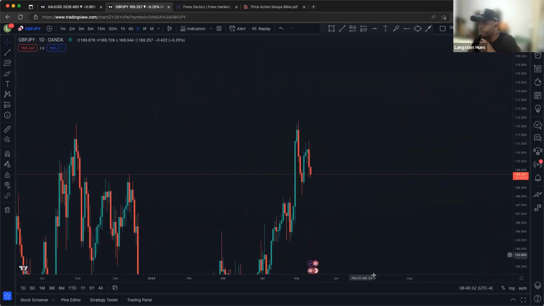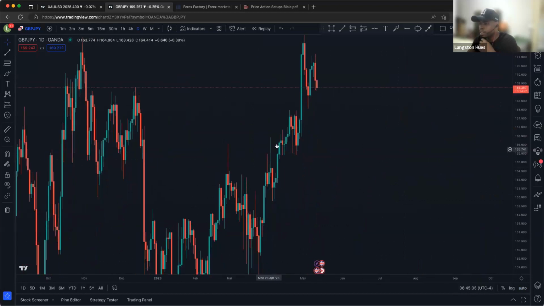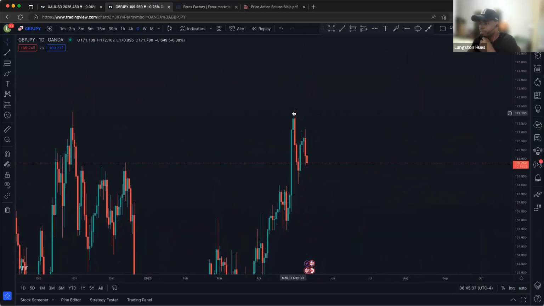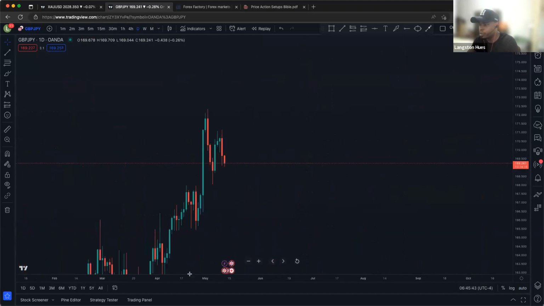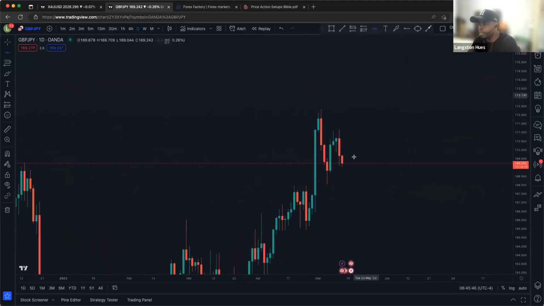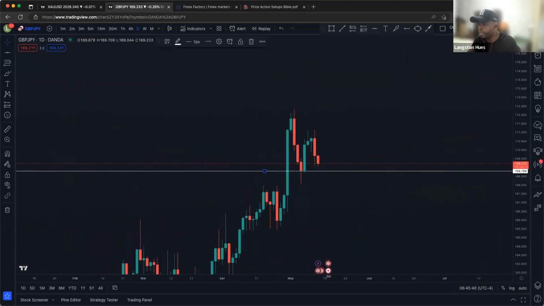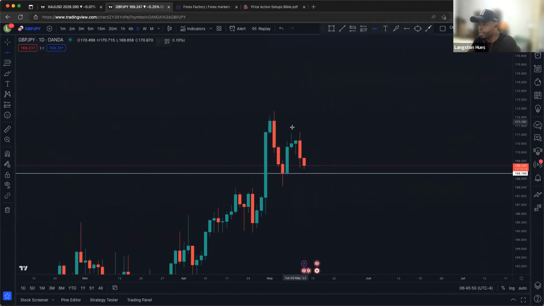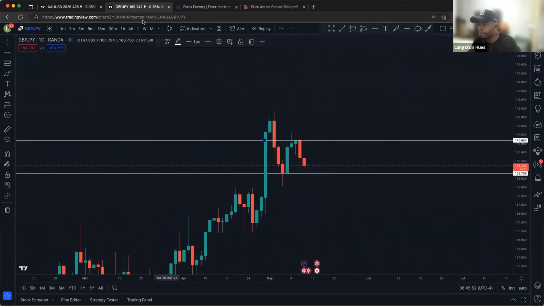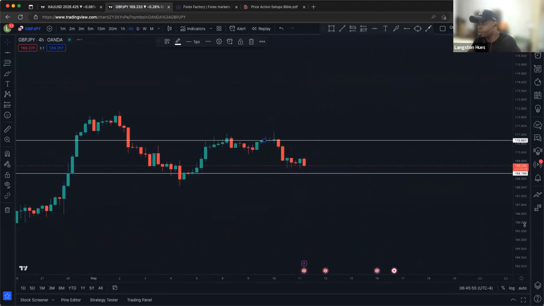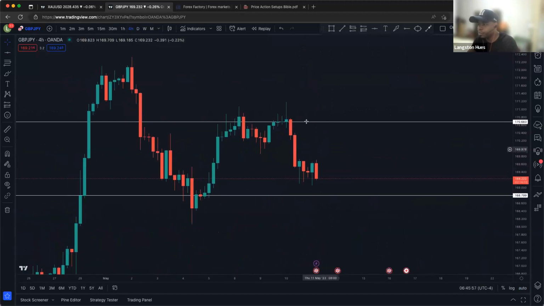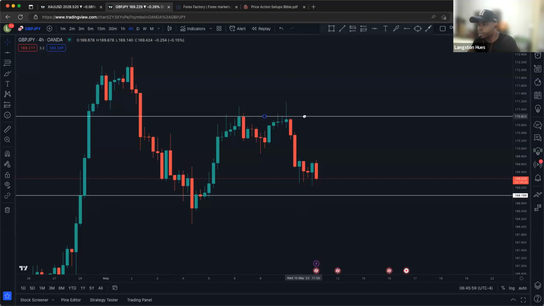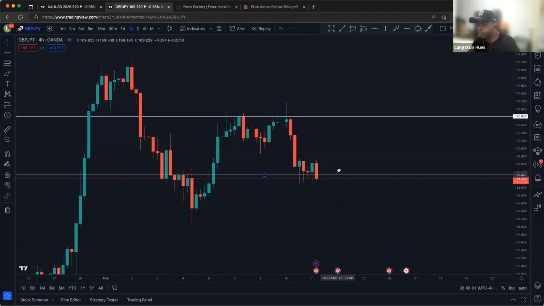Okay, cool. So looking at the daily, it's coming off of this uptrend here, made this high, bounced back down, went to attempt to retest the high and knocked back down. So on the daily, we have this daily support right here. Daily is currently bearish here. And then we got this daily resistance right up here. Looking at the 4 hour, we can adjust our resistance up here, and we got this resistance right up here on the 4 hour.